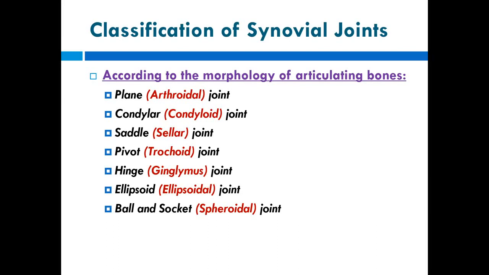On that basis, it is classified into plane or arthroidal joint, condylar or condyloid joint, saddle or sellar joint, pivot or trochoid joint, hinge or ginglymus joint, ellipsoid or ellipsoidal joint, and the very common ball and socket or spheroidal joint.